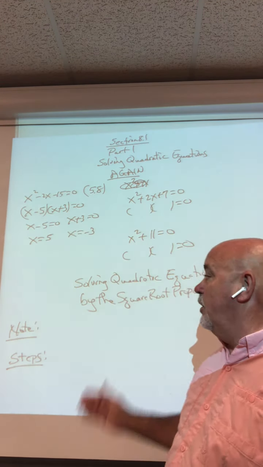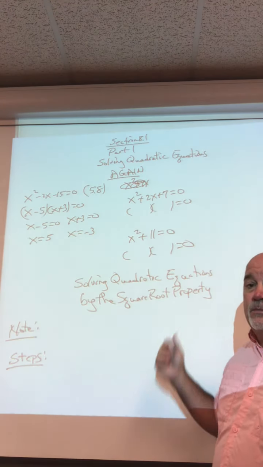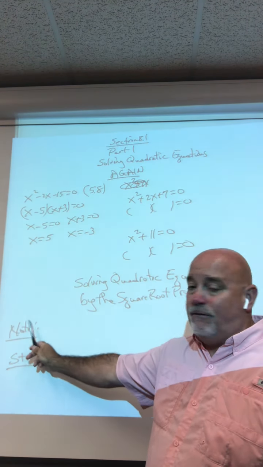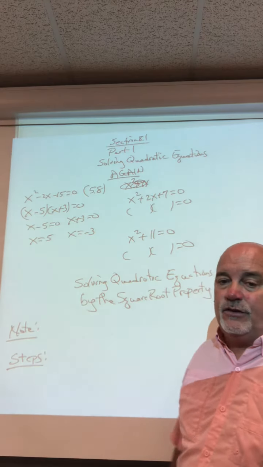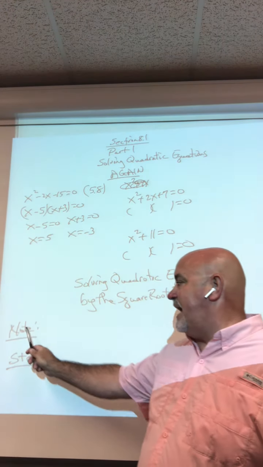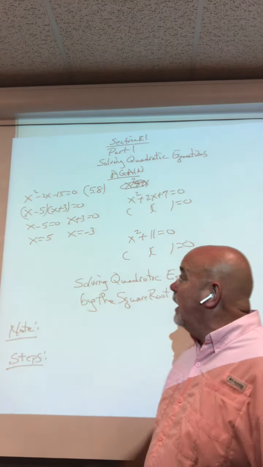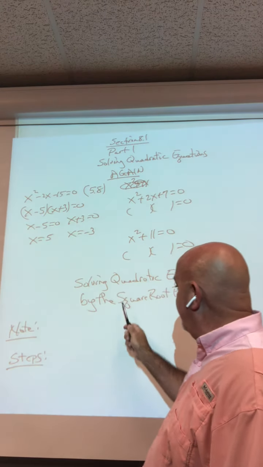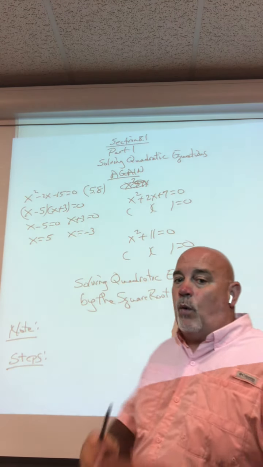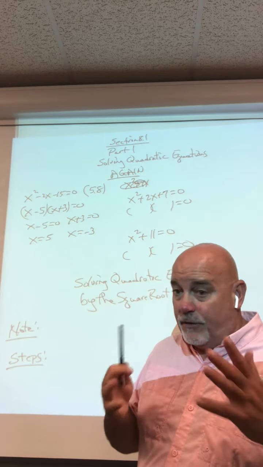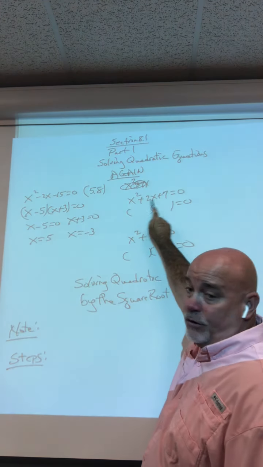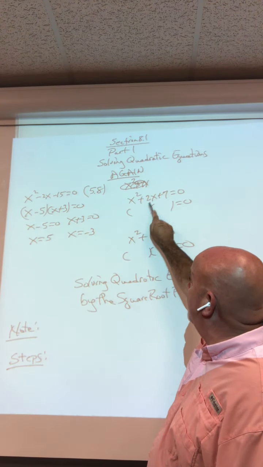All right, so before we do problems like this, I need to give you a note and then I'll give you the steps. Here's the reason I need to give you a note. Like the factoring method, the square root property won't work every time. For instance, this problem right here, you'll see why in a minute. Could this one be factored?